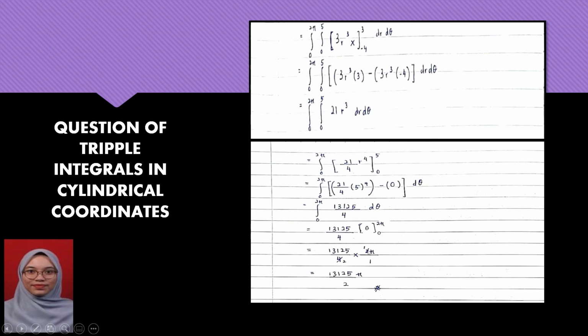We can cross out the common factor, so the 4 becomes 2 and the 2 becomes 1. So the answer is 13125 pi over 2, which represents the total flow across the boundary of surface S, as well as the total divergence of the vector field.